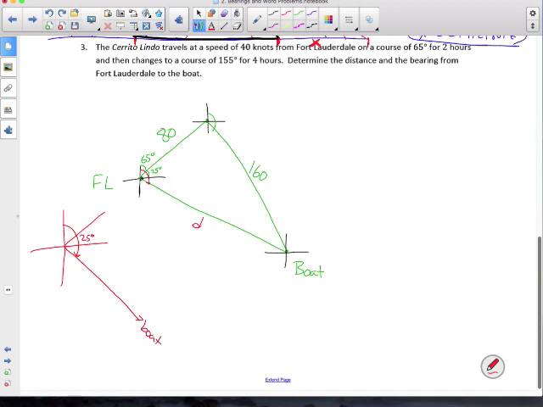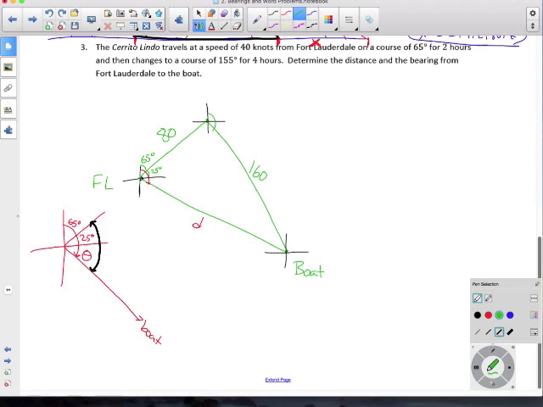I don't know this part. So I need to figure out this little theta in order for me to know the bearing. The way I'm going to go about doing this is to find what this entire measurement is inside the triangle itself, and then I'll just subtract the 25, and that will give me what theta is.